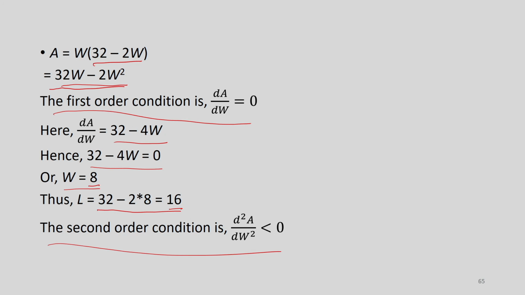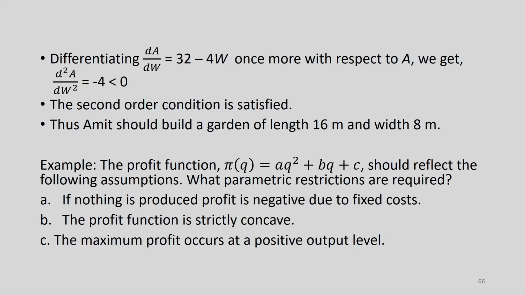So, we have to take the second derivative, d square A by dW square. dA/dW is equal to 32 minus 4W. We differentiate this function once more with respect to W, and if we do so, it gives me minus 4.